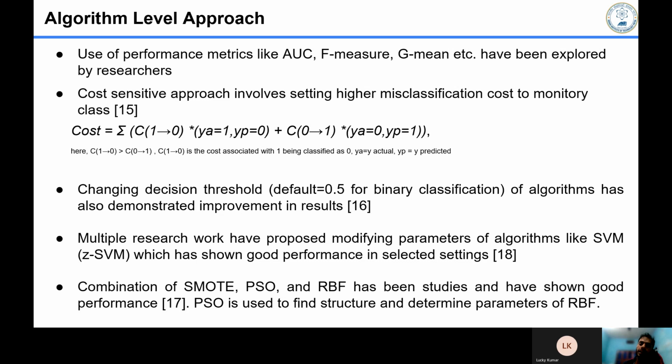If that probability is greater than 0.5, you mark that the event will occur, or the observation falls under class 1. If the probability thrown by the model is less than that, you say the observation falls in class 0.